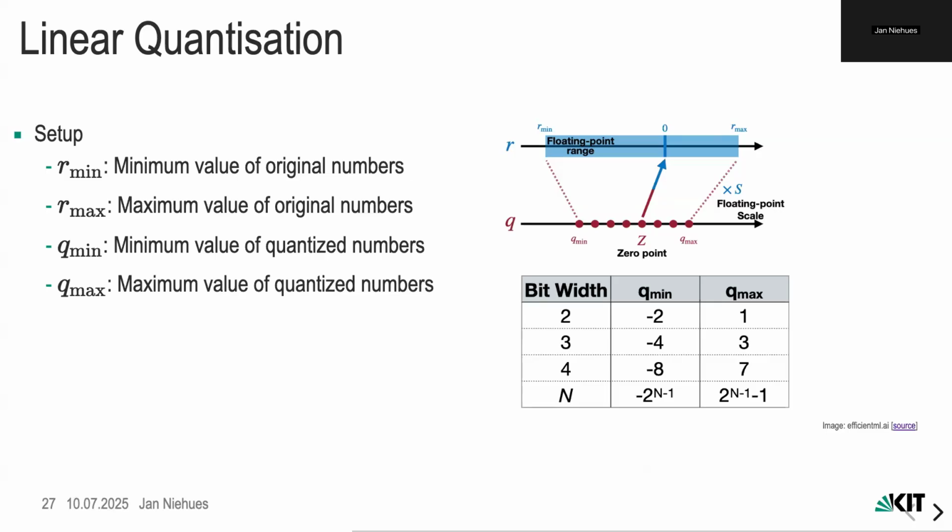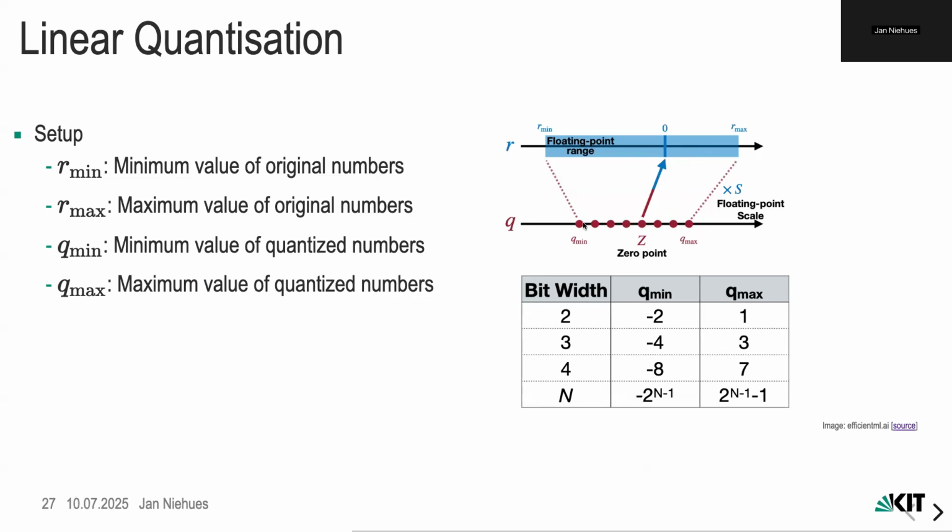And the other thing is, of course, what are your minimal and maximal values that you want to represent? So in order to quantize, it's important to maybe not quantize all possible values, because if you want a good scaling, it's good to have as small a range as possible, because then you can get more fine-grained.